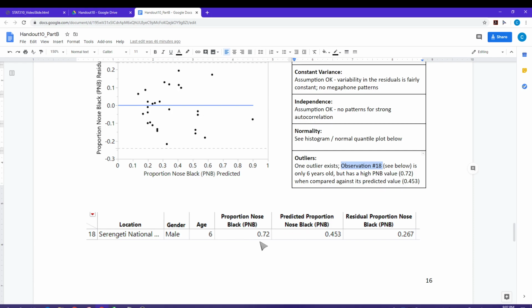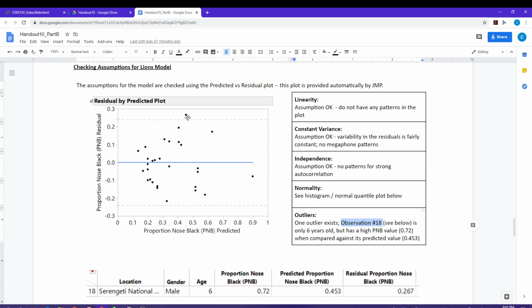So for this particular lion, for some reason, the actual proportion nose black is much higher than what I predicted it to be. So my residual here is pretty far off. Again, the residual would just simply be this quantity minus the prediction. So for that particular lion, we didn't do a very good job of predicting their proportion of nose black.